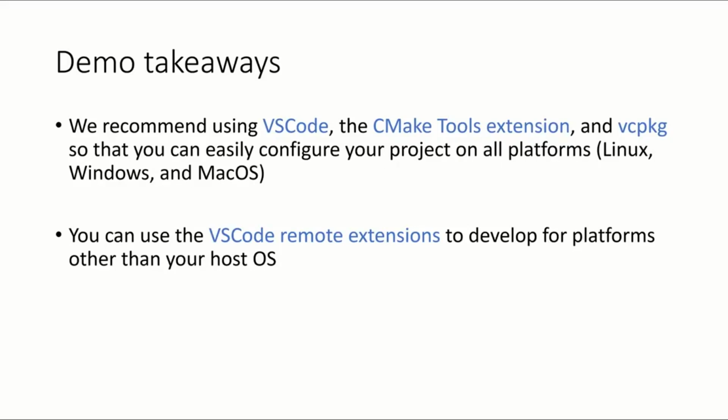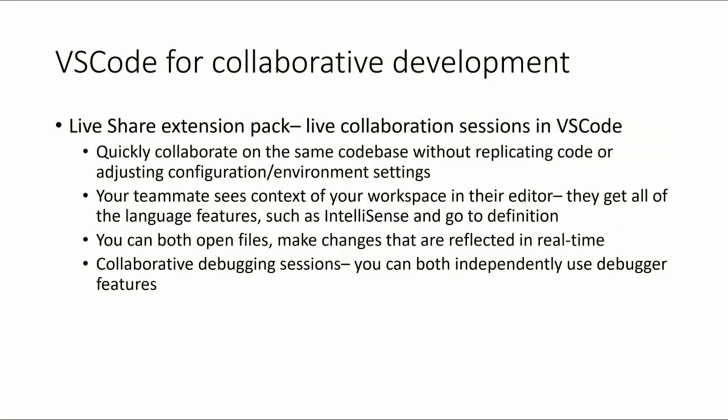The takeaways from this demo are that VSCode, CMake Tools extension, and vcpkg are all tools that we recommend to ease your cross-platform development experiences. Additionally, you should use the VSCode remote extensions if you would like to develop for platforms other than your host OS.